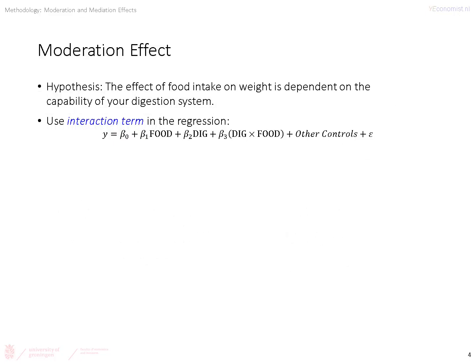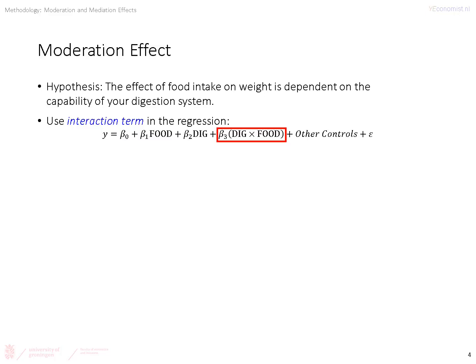To estimate the moderation effect, we can use the so-called interaction term in a regression. So here you see that I include the multiplication of food times the quality of your digestion system. And here the hypothesis is that the effect of food on your weight is dependent on how good your digestion system is.